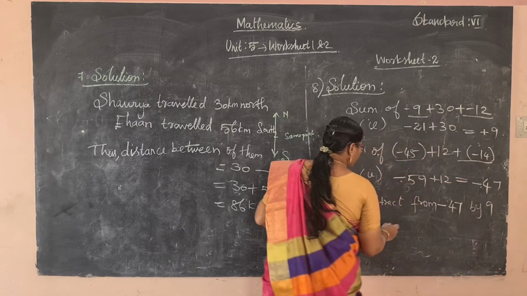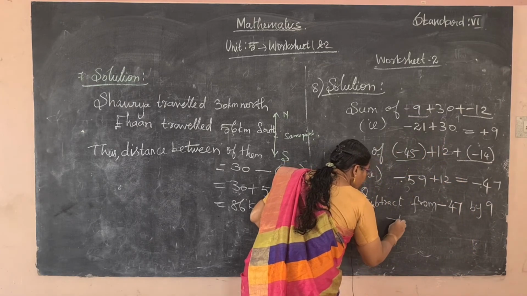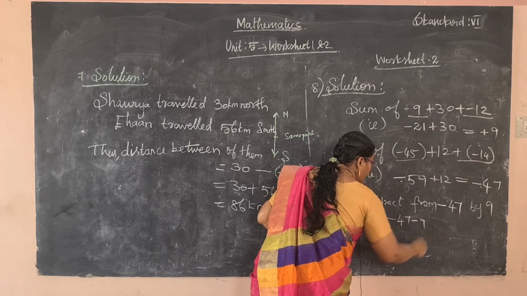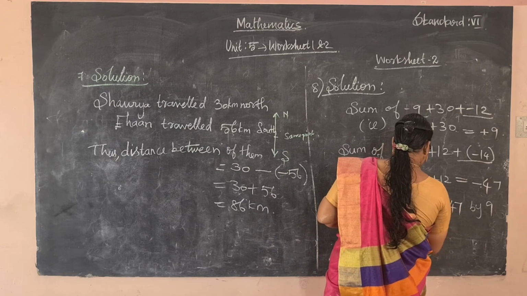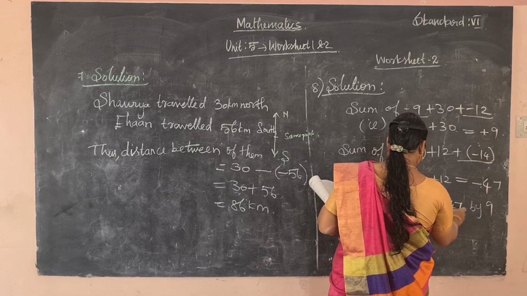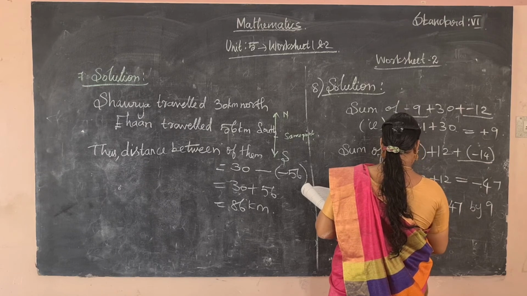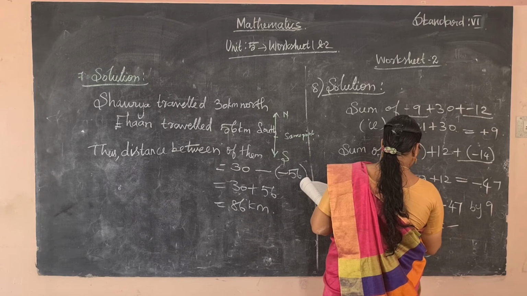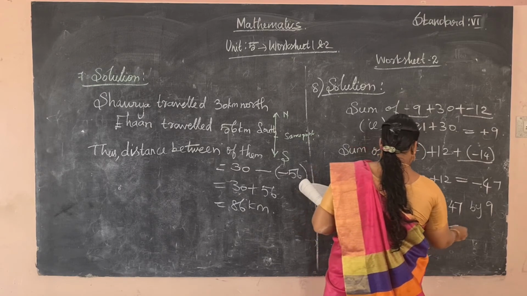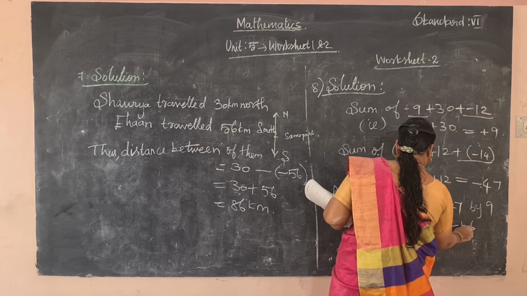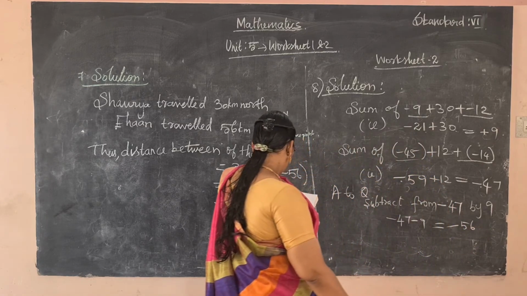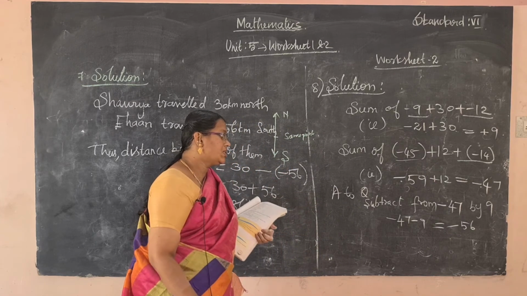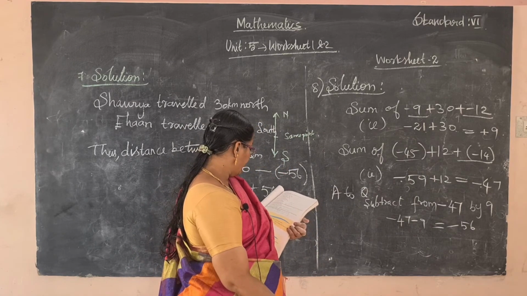So subtract it: minus 47 minus 9. We get, both having the same sign, add and put the same sign. So 47 plus 9, 56. Minus 56 is the answer. So the answer for this problem is minus 56.